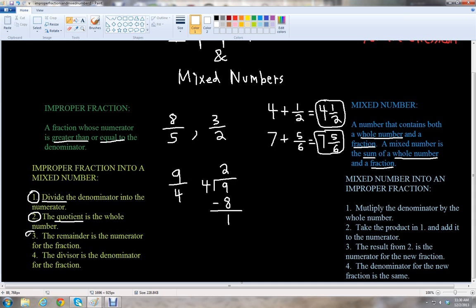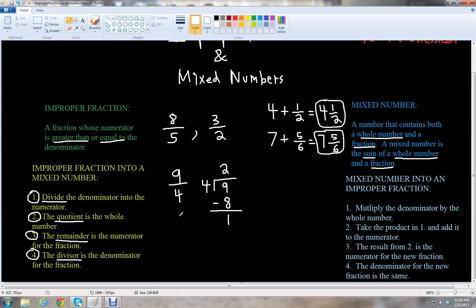That brings us to rule number 3, the remainder. The remainder is 1, and that is going to be our numerator for the fraction. Then rule number 4, the divisor, which is 4, is going to be our denominator for the fraction.